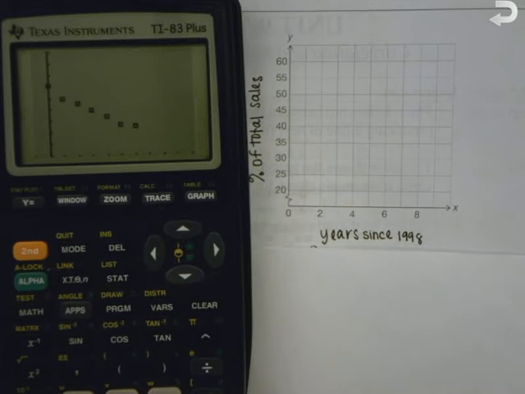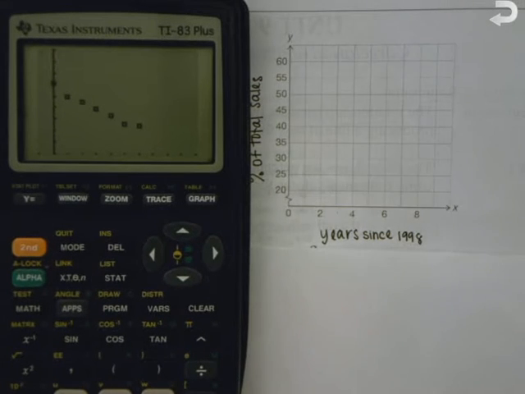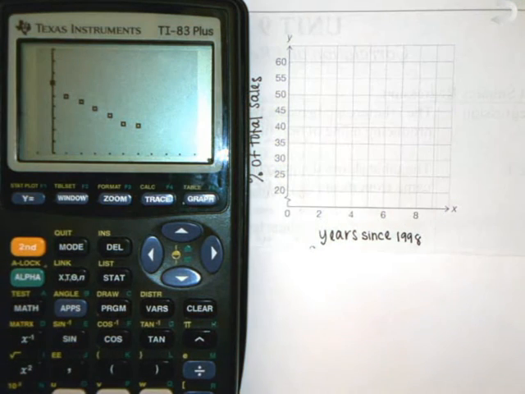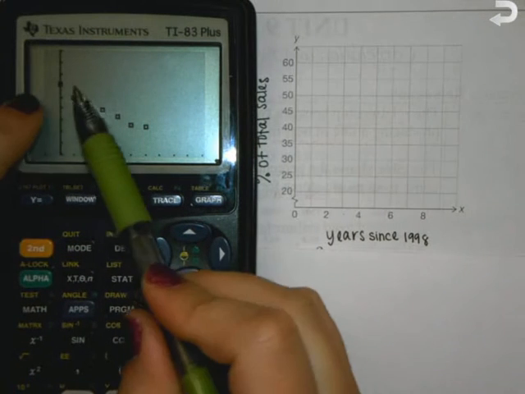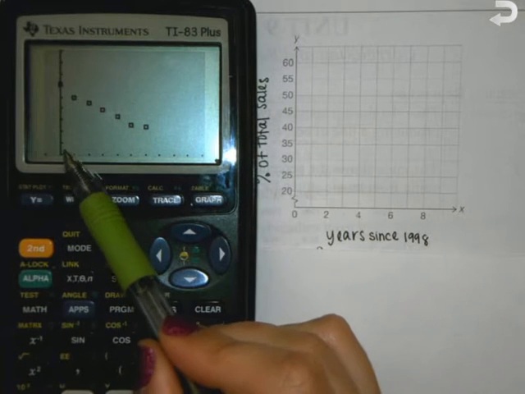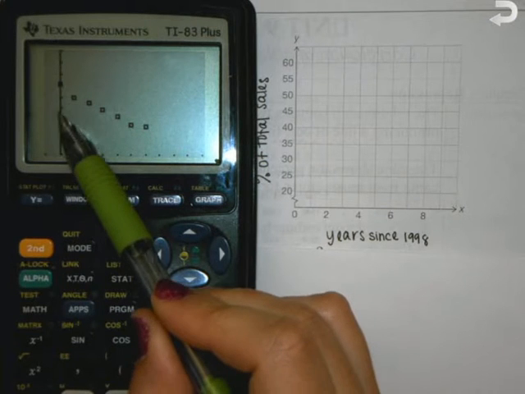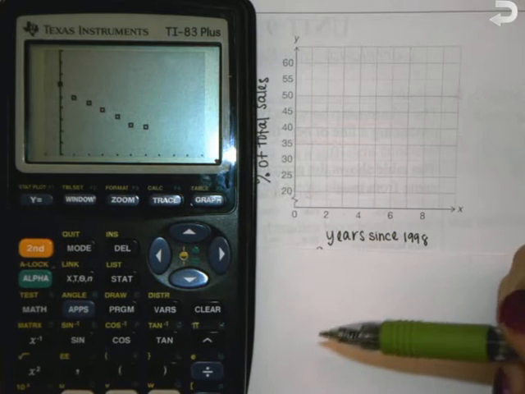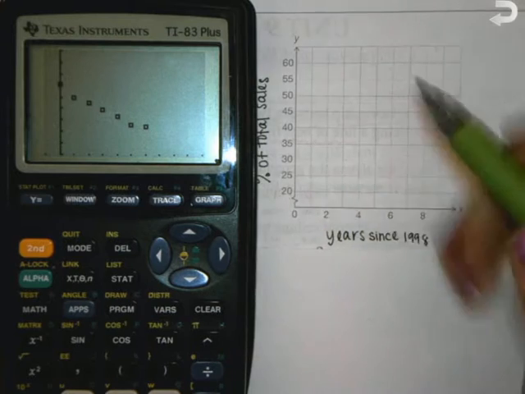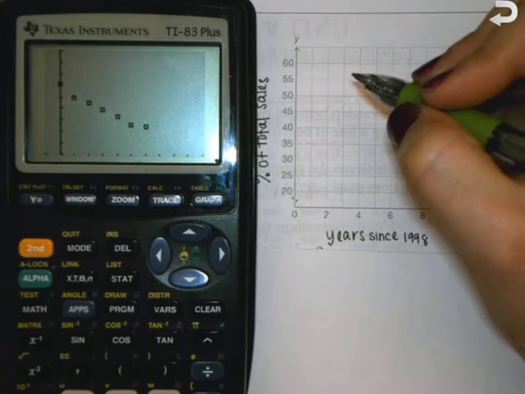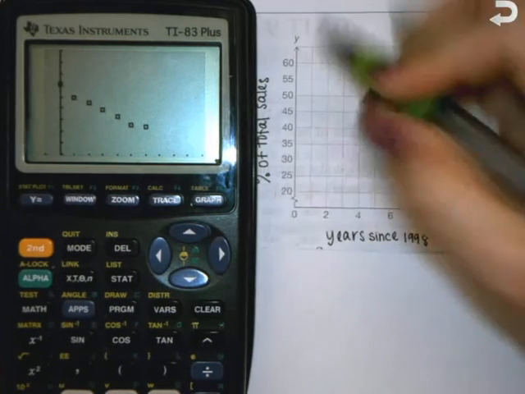And now let's use our scatter plot to graph it. So our first point is at 0, and it goes up 1, 2, 3, 4, 5, 6, which should be at about 50.8, right? That's what our value was. So we're going to start at 0, and the next one is 50.8.